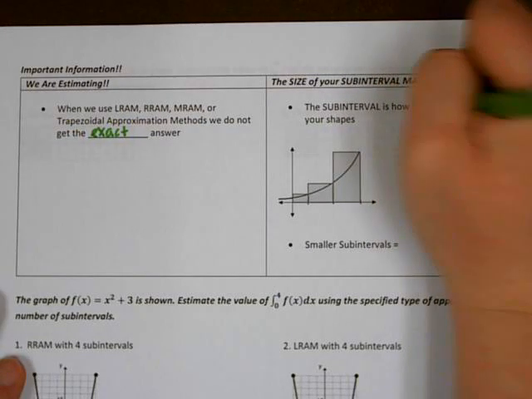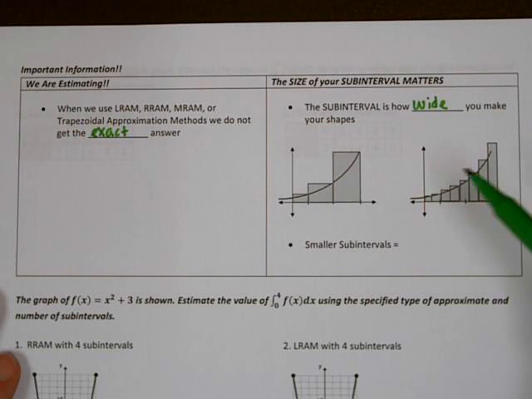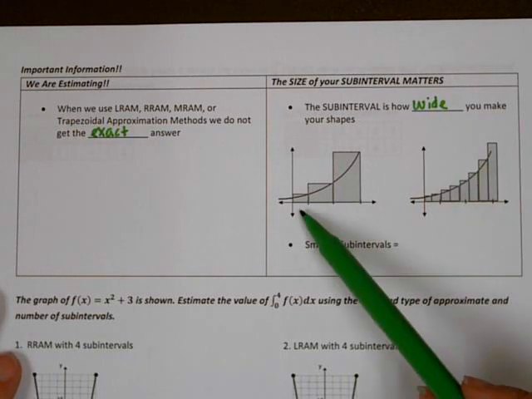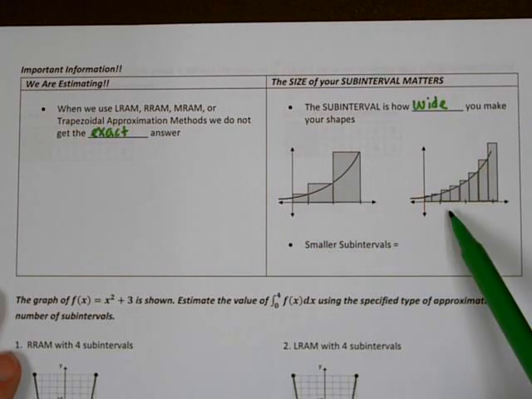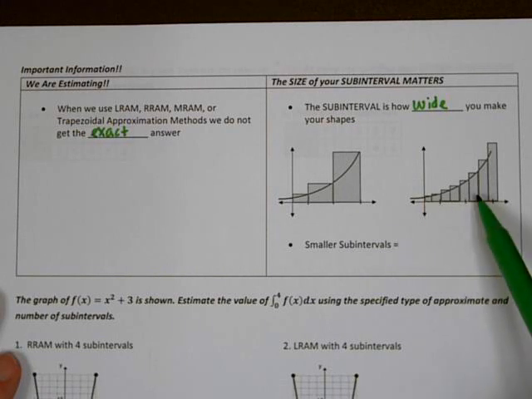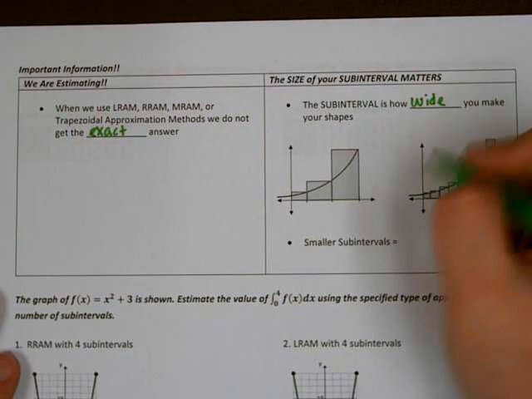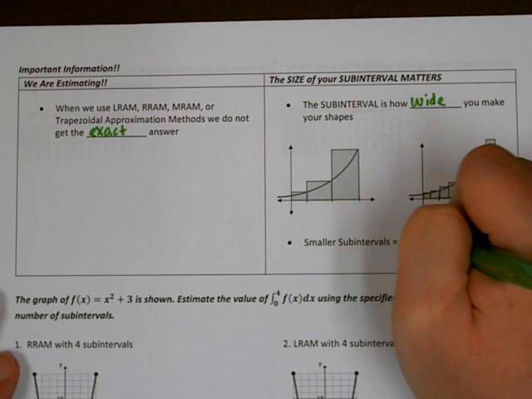So whether we're talking about the rectangles or the trapezoids, the subinterval is how wide we make them. So you can see here we had 3 subintervals, and here we have, what is that, 1, 2, 3, 4, 5, 6, 7, 8 subintervals, something like that. So we have more, okay? But you can see that the smaller the subintervals are, the more precise the area is.